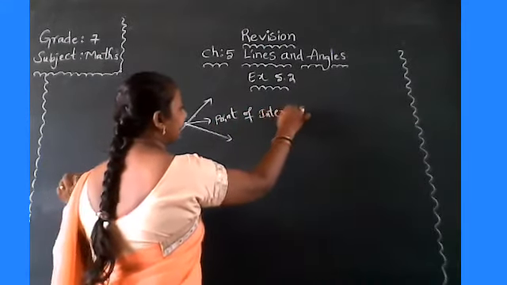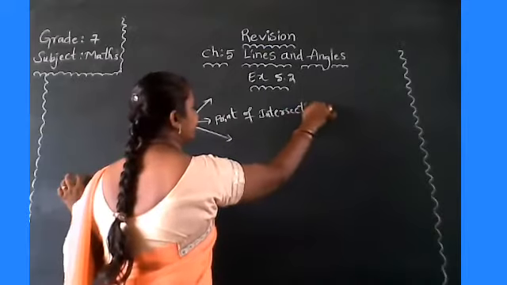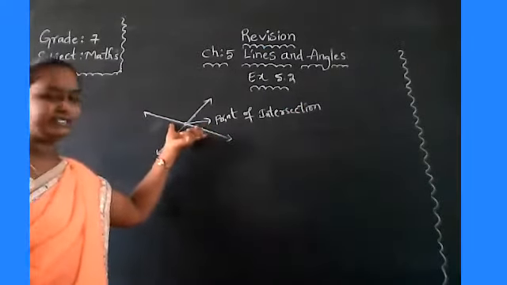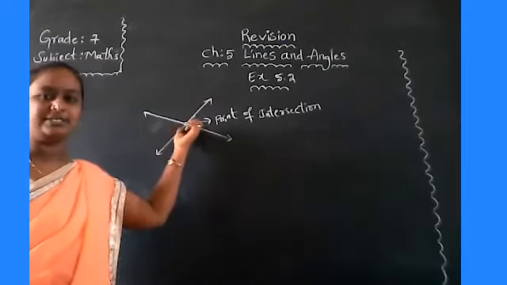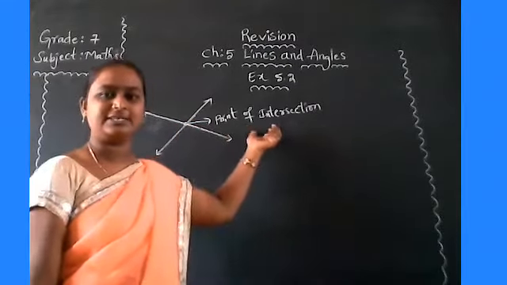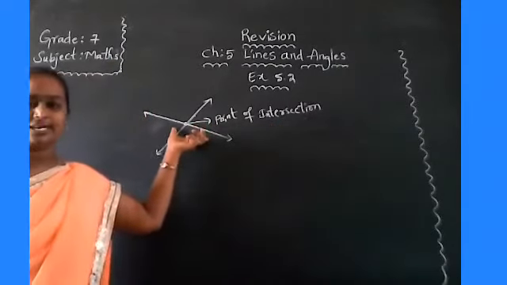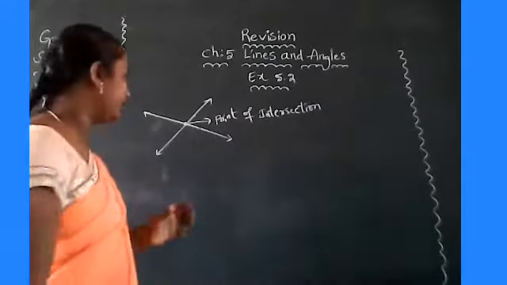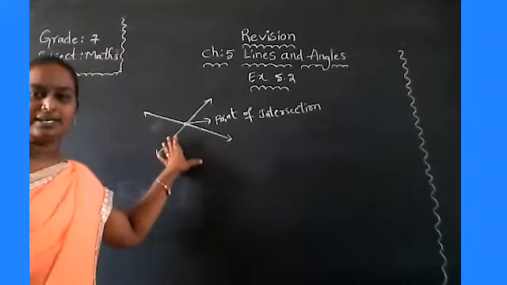When two lines intersect at one point, that point is called a point of intersection. The two intersecting lines have a common point. So these are the intersecting lines.